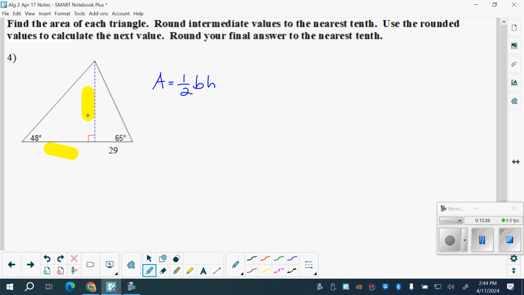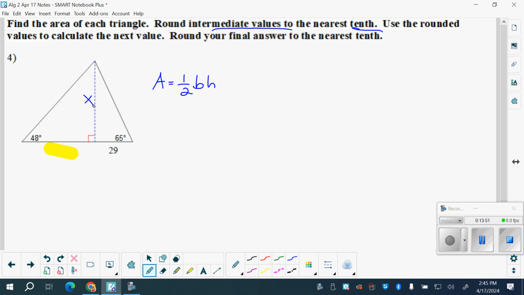So we've got to find both of those this time. On this one, these intermediate values that you find, we're going to round them to the nearest tenth, just to make it a little easier, because we're going to have several steps. So let's find this one first.